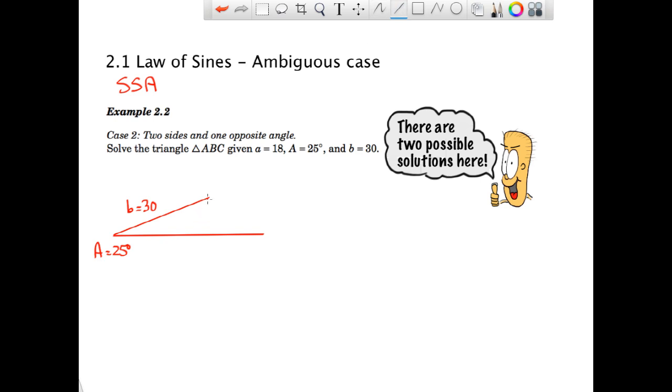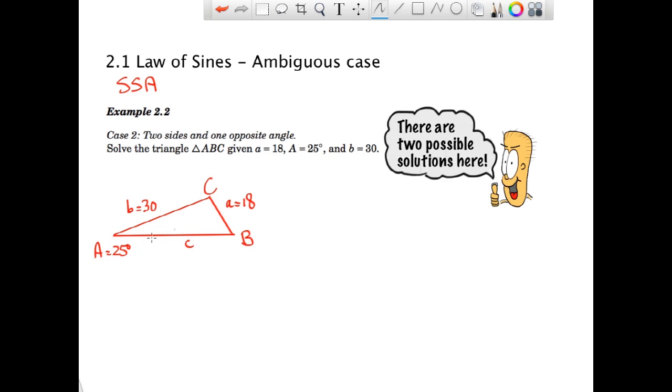So we'll put another line from here to here, and we'll say that's 18. Alright, that looks believable. So there's A, that's 18. I have a little bit too much over here, so I'm going to erase that so that I have a picture that sort of makes sense. And fill in that this is B. So I still have a side or an angle here that's missing and a side that's missing.